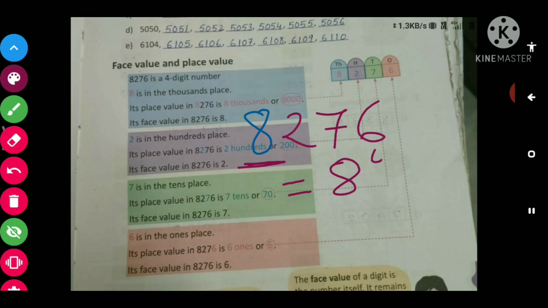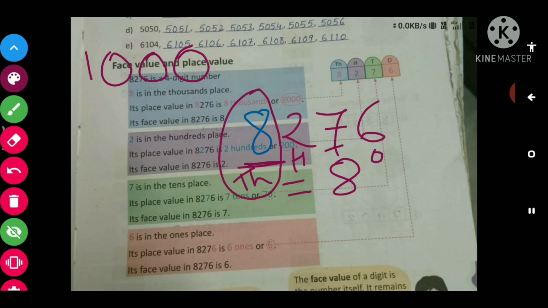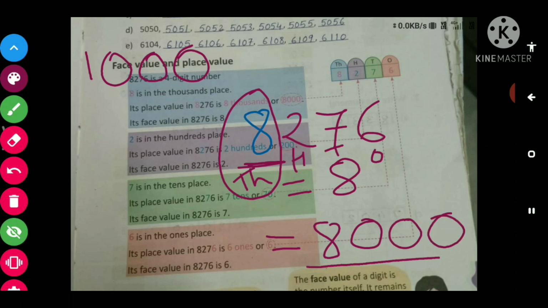So we'll mark this one ones, tens, 100, 1000. So 8 stands in the 1000 place. So how will we write 1000? Like this, 8 with 3 zeros, 8000. As 8 stands in the 1000 place, we'll show 8 with 3 zeros. This means 8 is standing in the 1000 place.